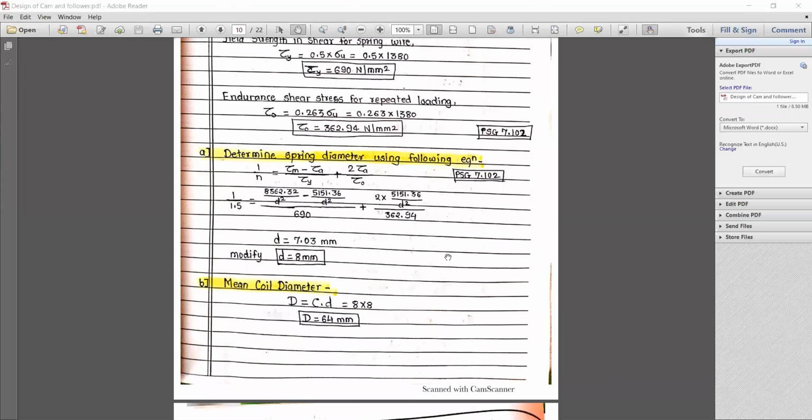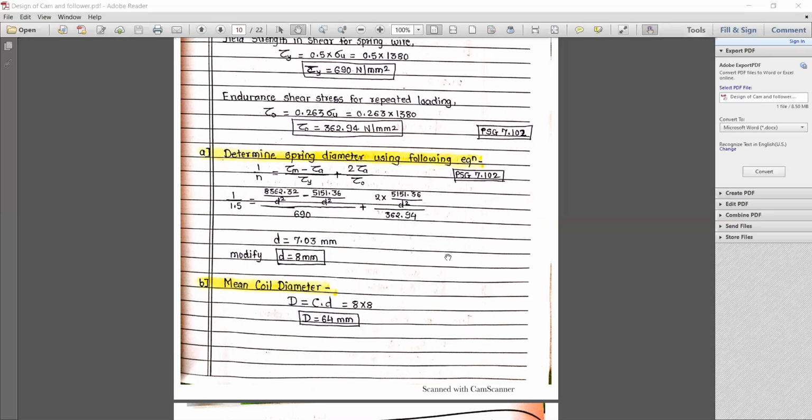Now calculating the spring diameter using the following equation: 1/n is equal to (tau m minus tau a) divided by tau y plus 2 into tau a divided by tau 0, referring to page number 7.102.